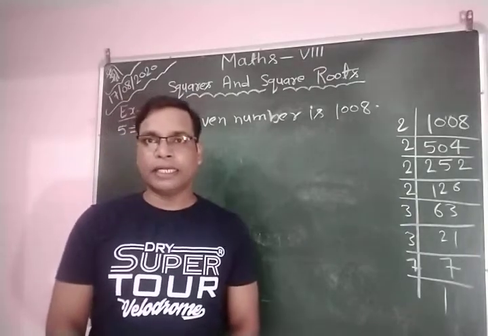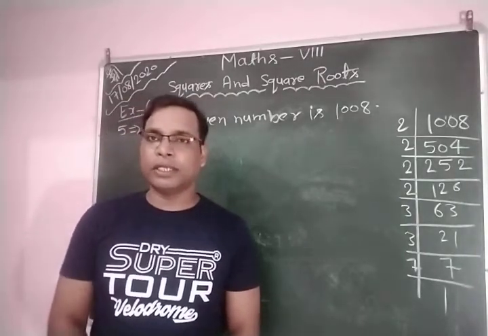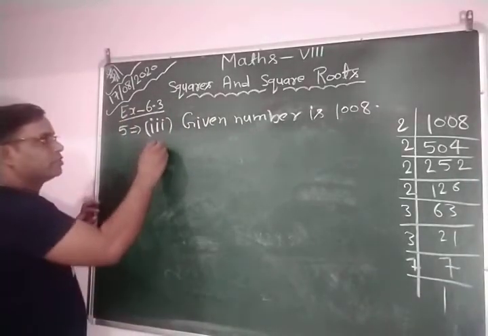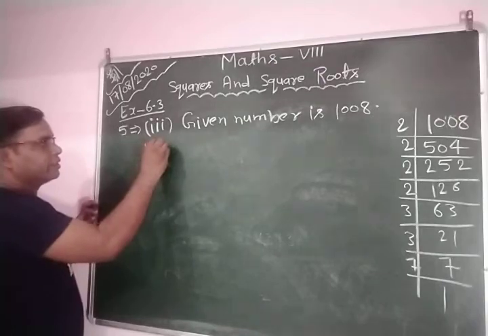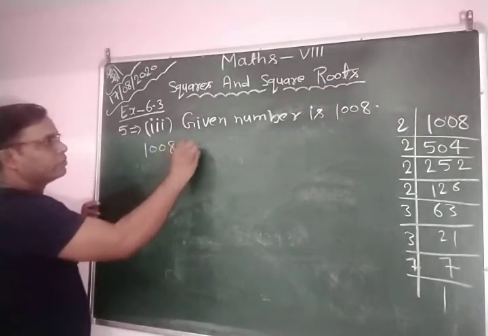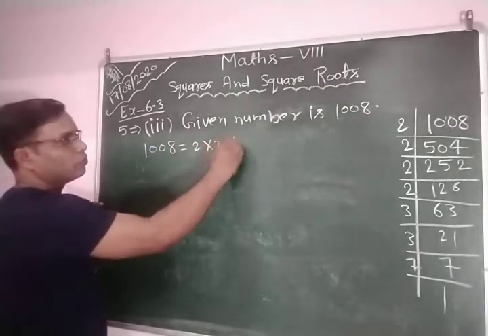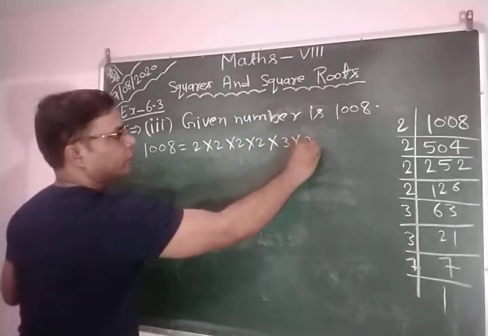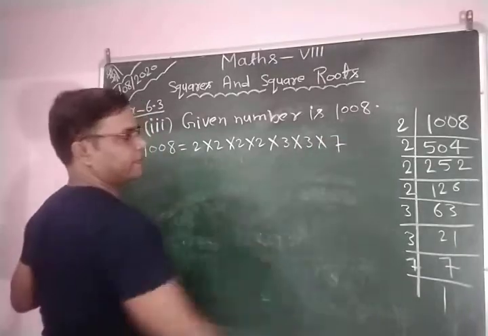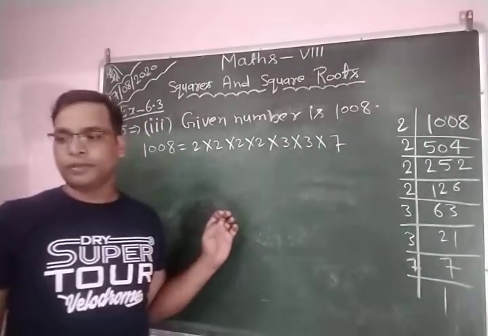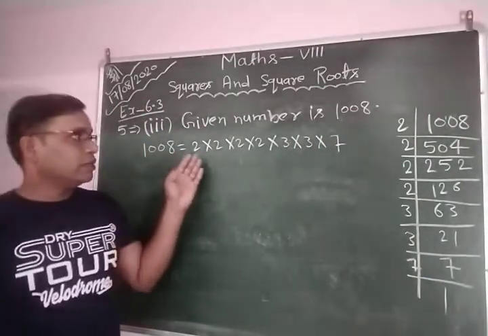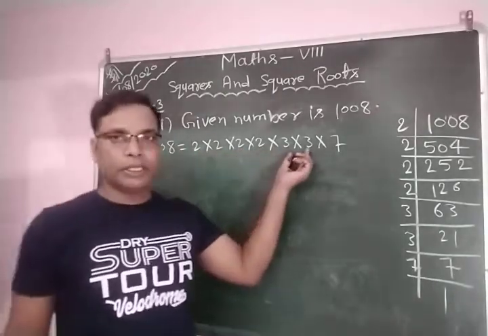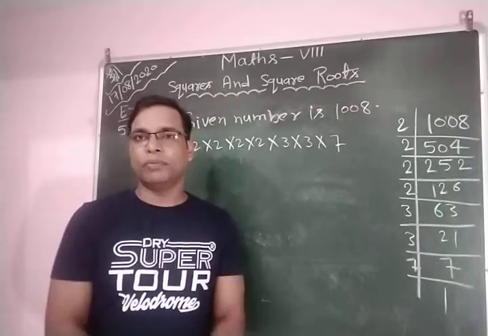So first we write 1008 as the product of prime numbers. We can write here 1008 is equal to 2 into 2 into 2 into 2 into 3 into 3 into 7. Here you can see the 2s are in pairs, the 3s are in pairs, but 7 has no pair.